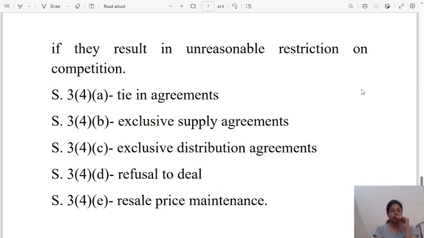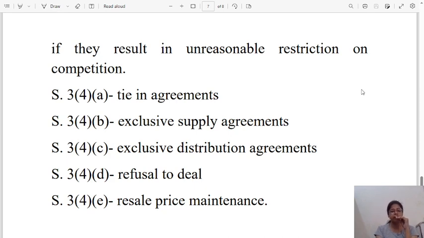One is a tying product and the other is the tied product. The tying product is the product that the buyer wants to purchase, but the tied product is the product that the person is required to purchase. So in the above example, the fridge is the tying product, the thing that a person wants to purchase, while the stabilizer is the tied product, the product that the person is required to purchase.